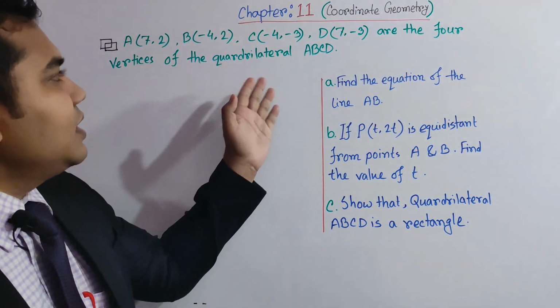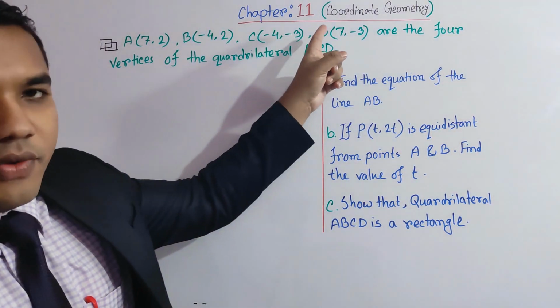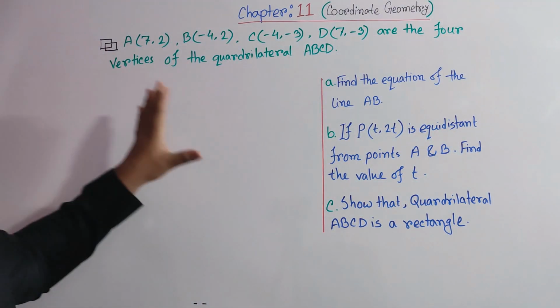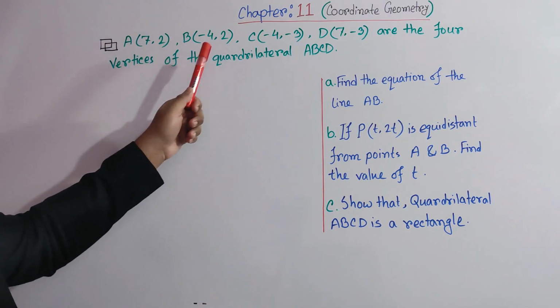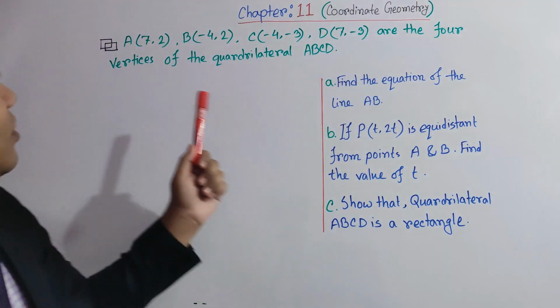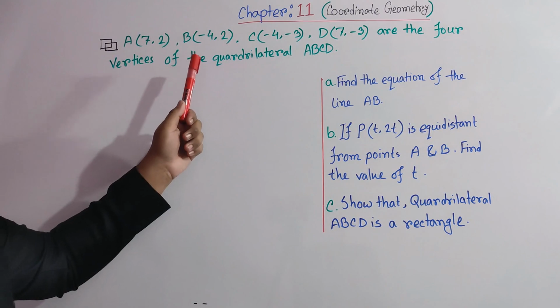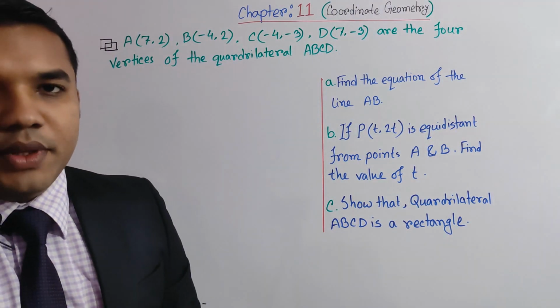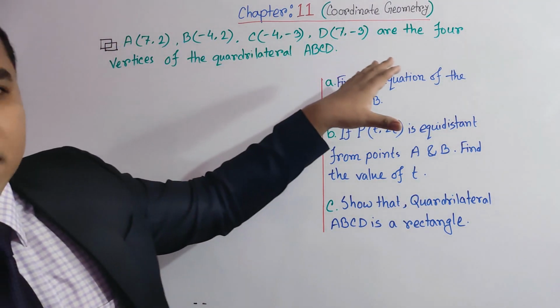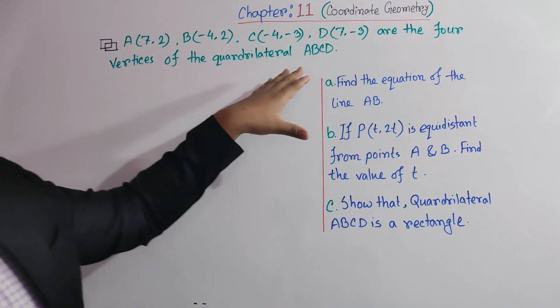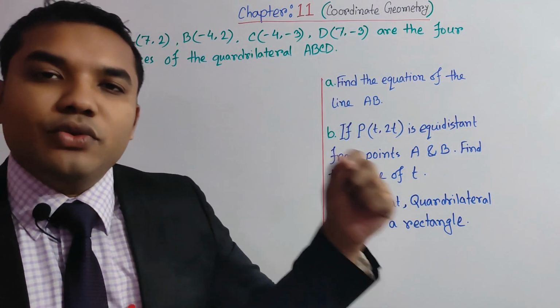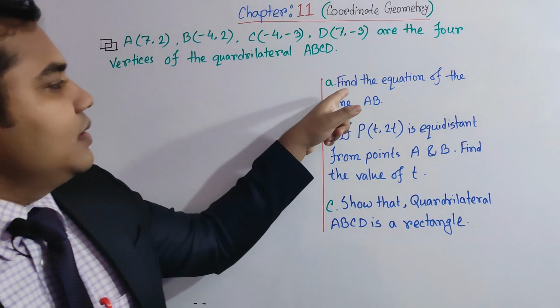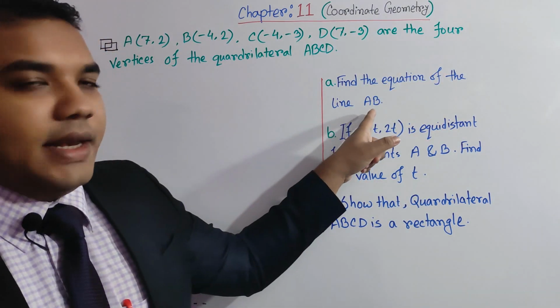Our first question from chapter 11 is this: A, B, C, D are four vertices of the quadrilateral ABCD. We need to find, number 1, the equation of the line AB.